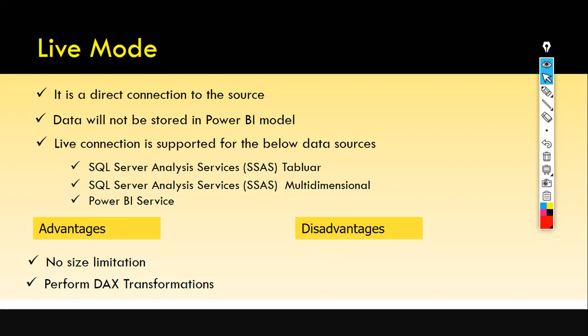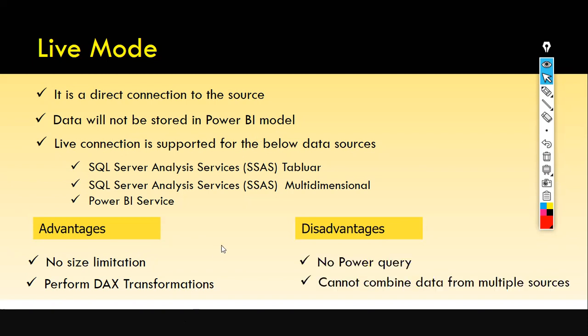The report developer has to focus only on their report creation part. They don't have the headache of which source system, what file is there, what the connection details are, what the database name is. Everything is pre-packaged in the case of live mode.